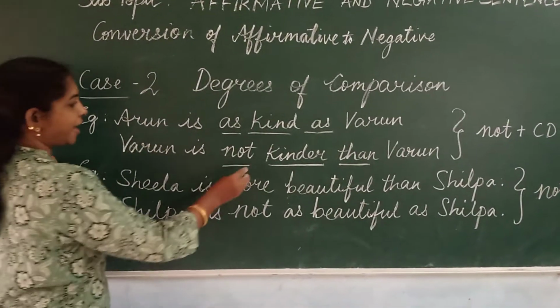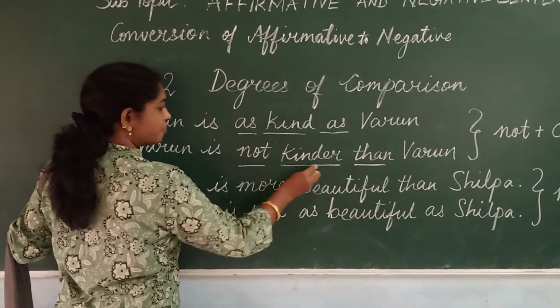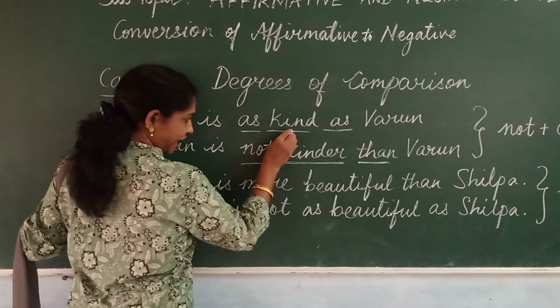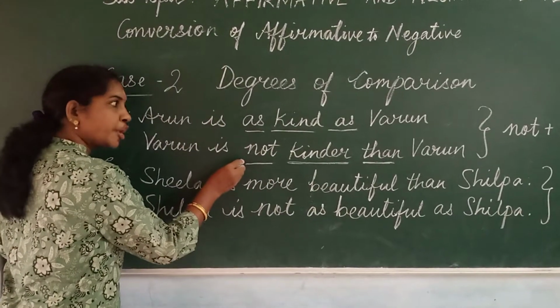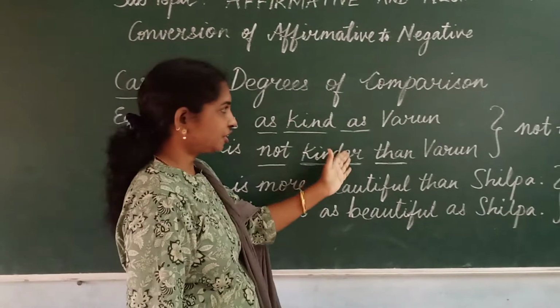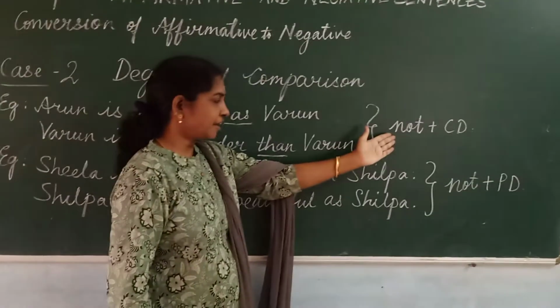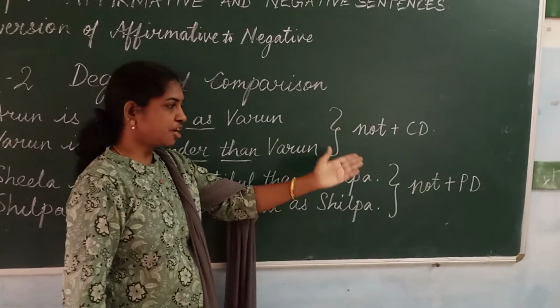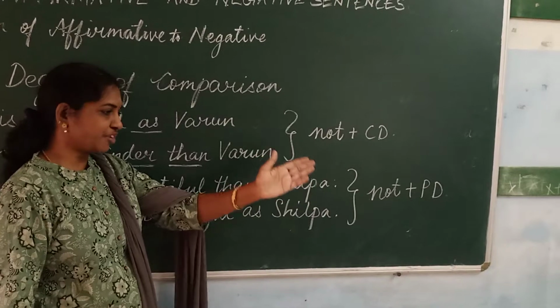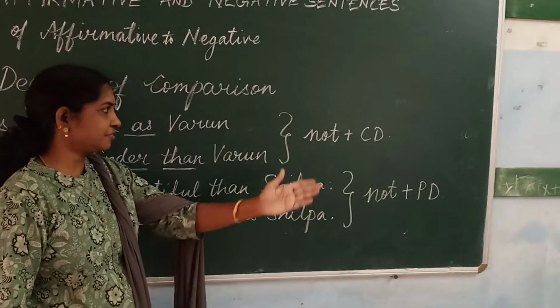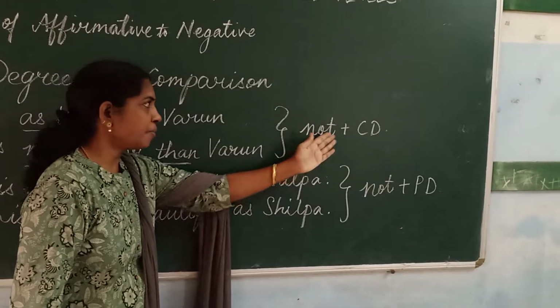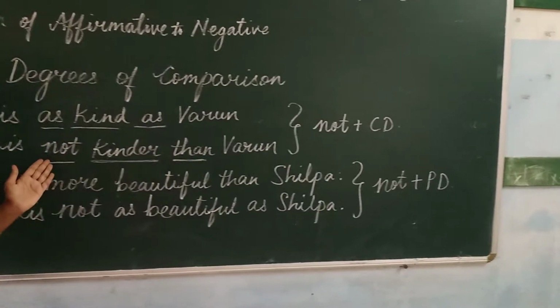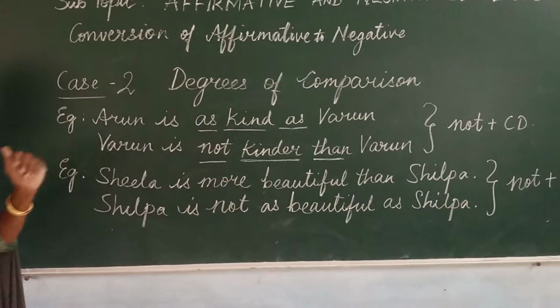Here I have used the comparative degree of kind and I have used not. So if you remember, when a positive degree affirmative sentence needs to be changed to negative, you need to use not plus comparative degree. Yes, I hope you understood.